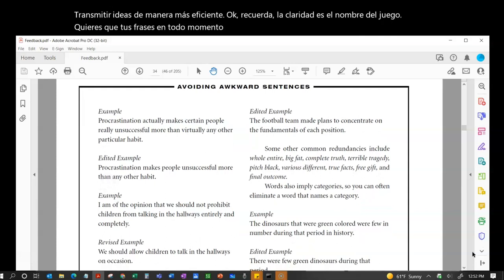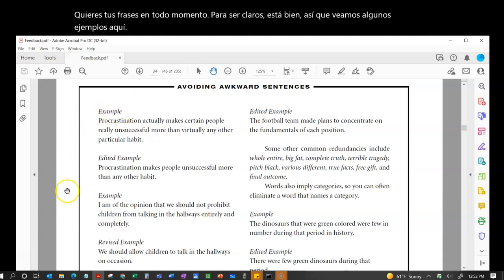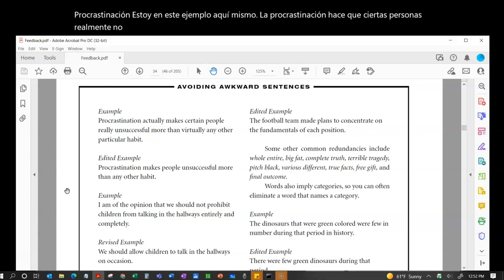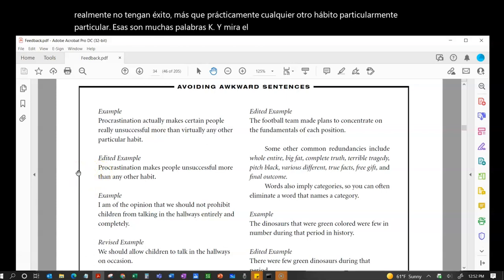All right, so let's look at some examples here. Procrastination, I'm at this example right here. Procrastination actually makes certain people really unsuccessful more than virtually any other particular habit. That's a lot of words, okay? And look at the edited example. Procrastination makes people unsuccessful more than any other habit.